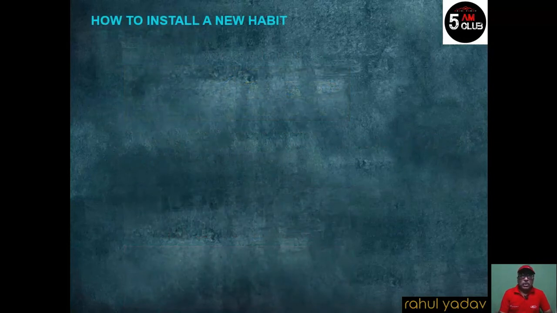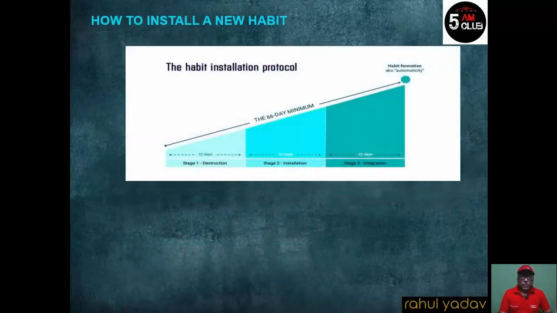Okay, now how to install a habit. I'm just showing you a pictorial graph which tells you about the installation of a habit. It is a 66 day protocol which has been divided into three different parts of 22 days each.